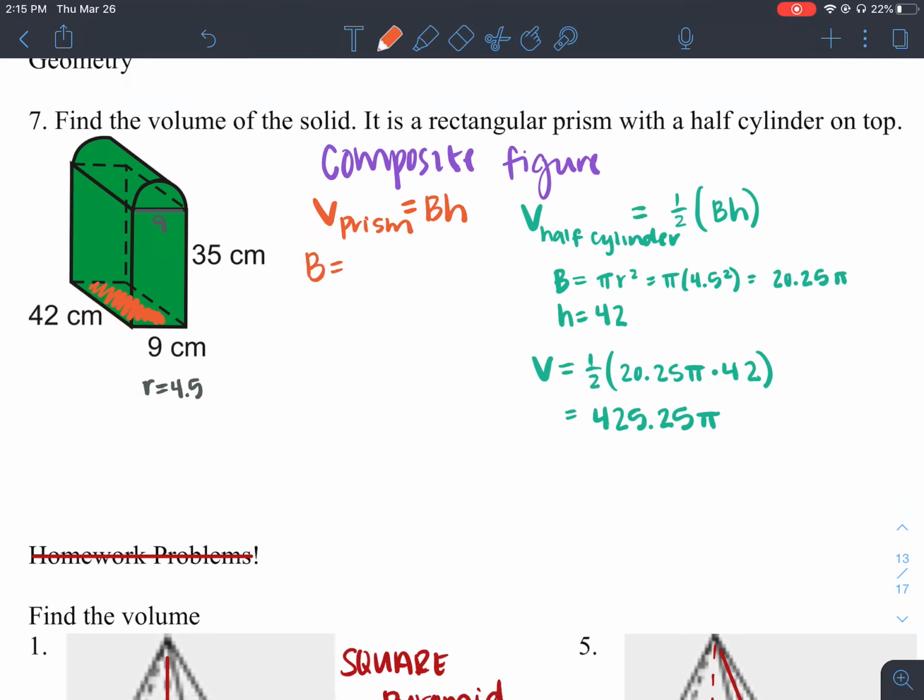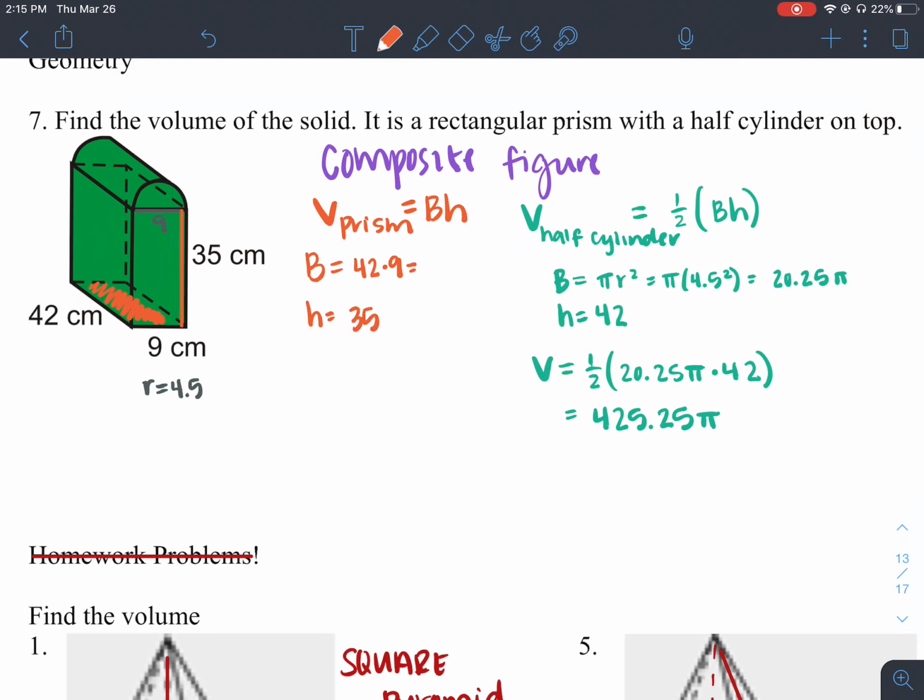The area of my base is a rectangle's area, 42 times 9. And remember, heights of prisms need to go from base to base. This isn't going to have the same height as the cylinder anymore. The cylinder had to be laying on its side for us to figure out its height. For this prism, if the bottom is my base, my height is going to be this 35.